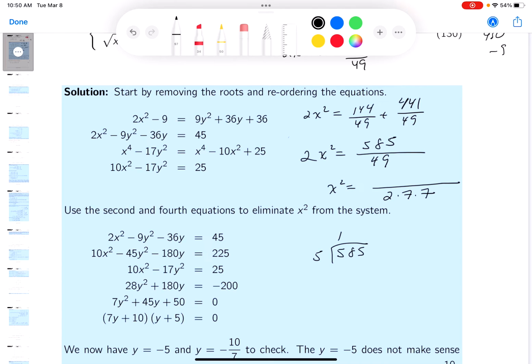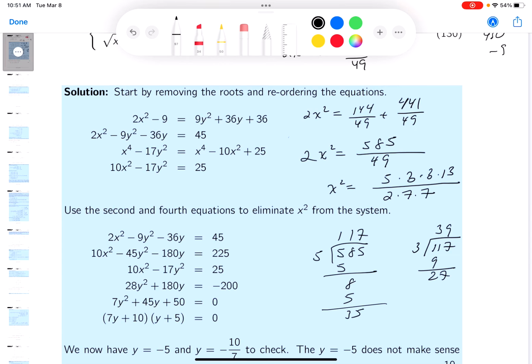This would be 117. Now I'm looking at the 117, and that's divisible by 3, so 39. And 39 is 3 times 13, right?